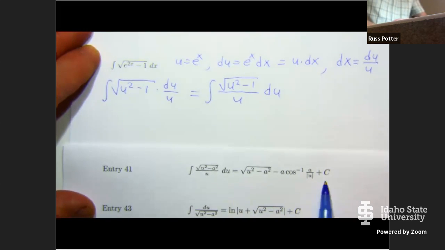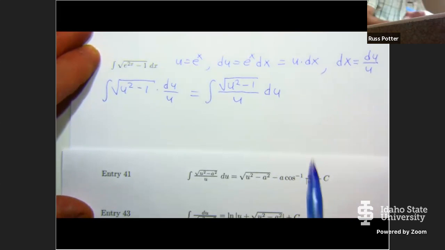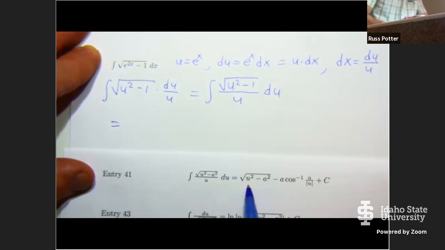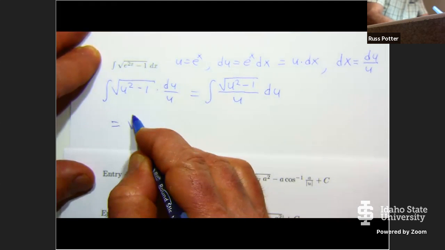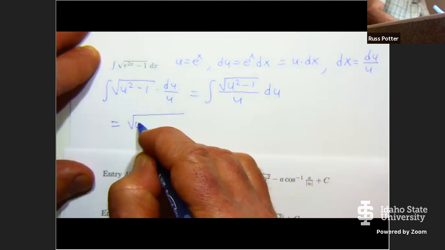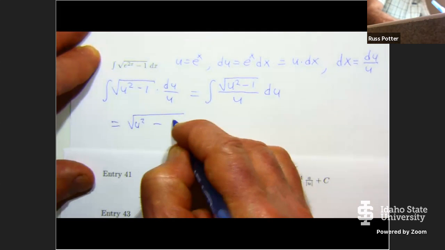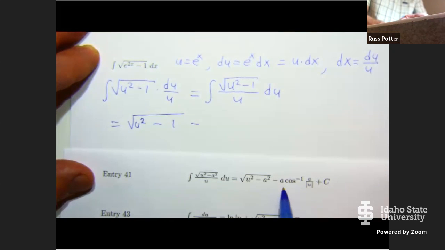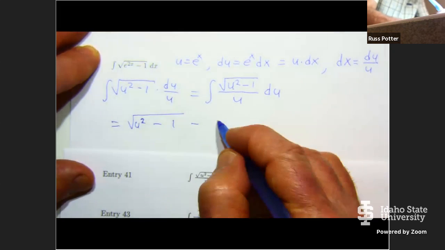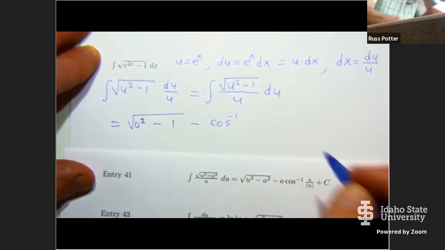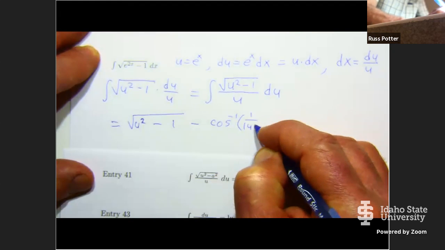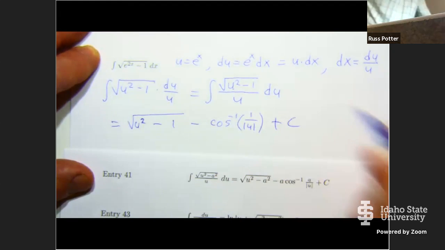Since that's a lot of writing, I'll just write that that's equal to the square root of u squared minus a squared, but a is 1, so this is the square root of u squared minus 1, and then minus a, which is 1, times inverse cosine of 1 over the absolute value of u, plus a constant.